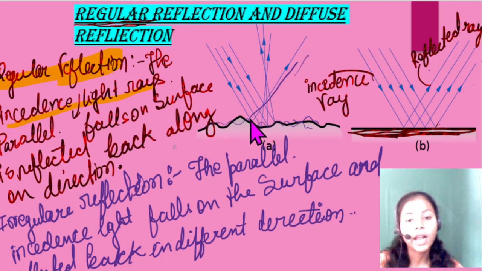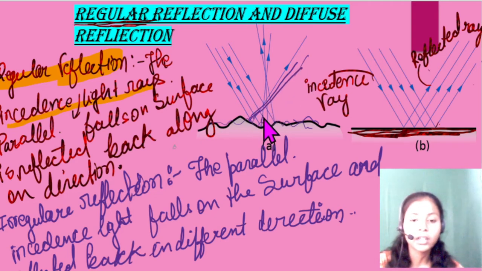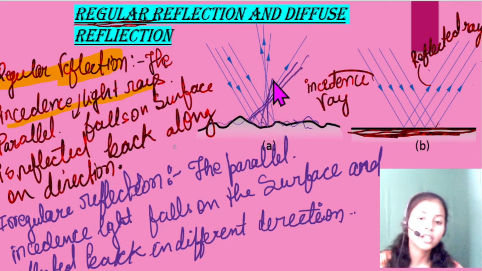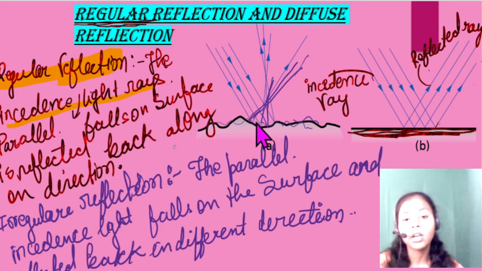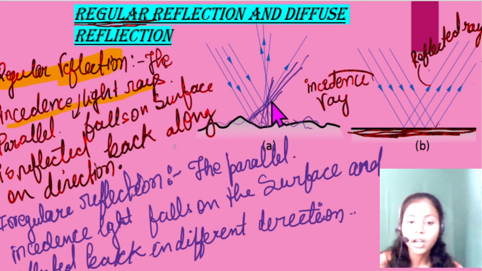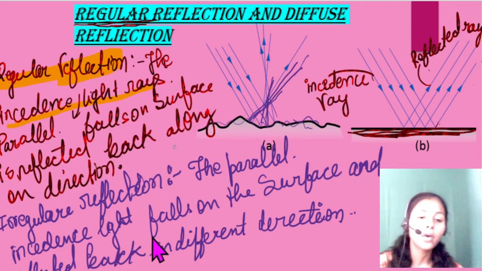You can see here easily that this light ray which comes here parallelly is reflected in this direction, and this one is reflected in this direction, and this one in this direction. So you can imagine that the light rays are not in one direction, they are in different directions. This is about irregular reflection.